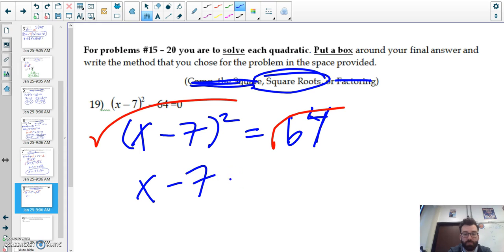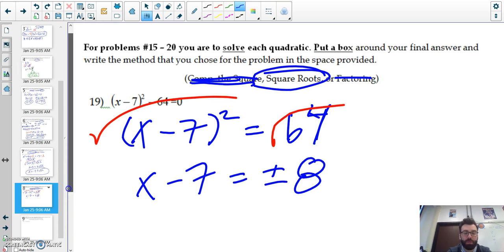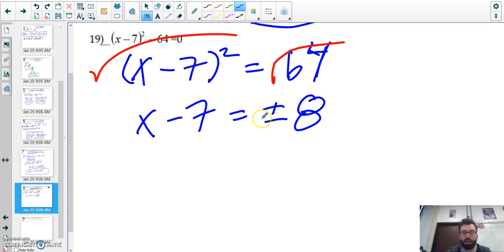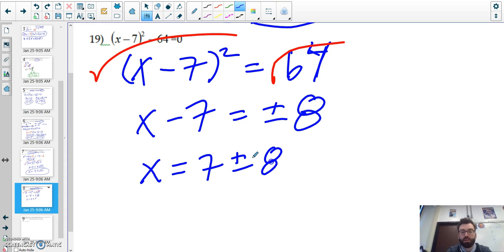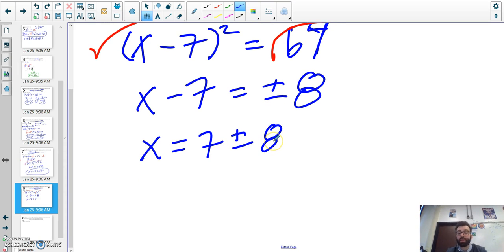X minus 7 equals, well, the square root of 64 is 8. When I solve, remember, I want the plus or minus 8. So this one's a little bit unique. We didn't do one like this in our notes. I'm going to add 7 to the other side. So I have x equals 7 plus or minus 8. So this is a case where I can actually get two separate answers, two real numbers.